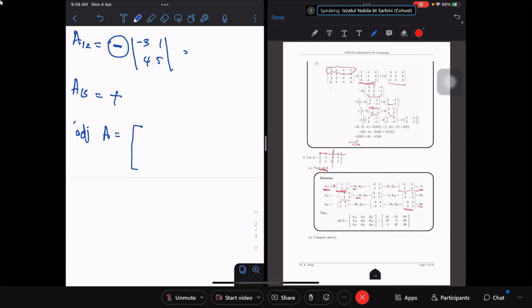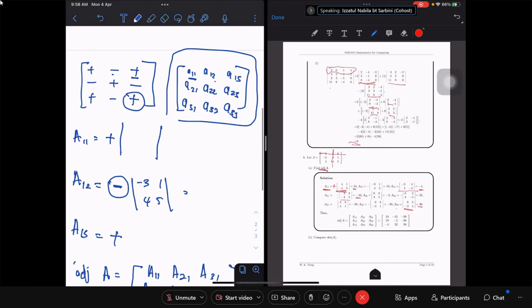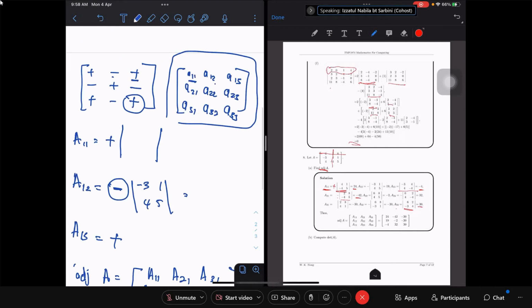So the positions for adjoint A will be A11, A21, A31, A12, A22, A32, and A13, A23, and A33. You see, the position is from the original matrix; you transpose it and it becomes the adjoint.